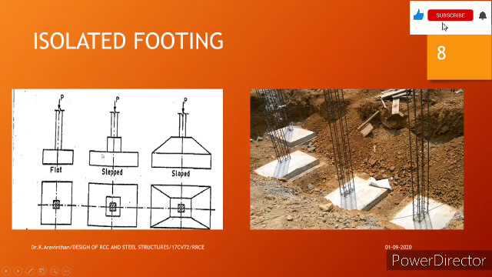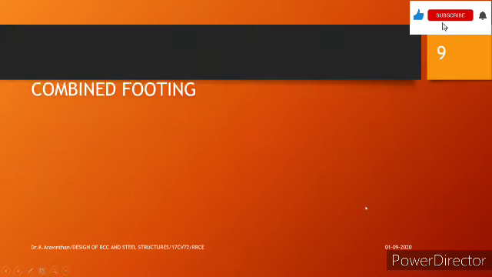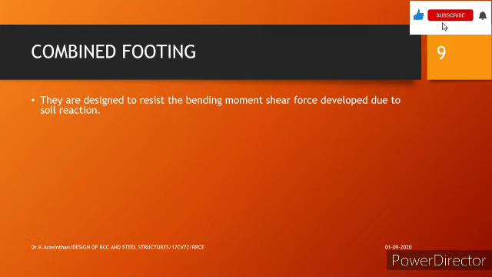And for economy also this pedestal is required. So for higher load you will go for stepped footing or a sloped one. You can taper the pedestal so that you get a sloped footing. So these are the plans. Generally you can see for each and every column you have an individual footing, which is known as isolated footing. And the next one is combined footing.